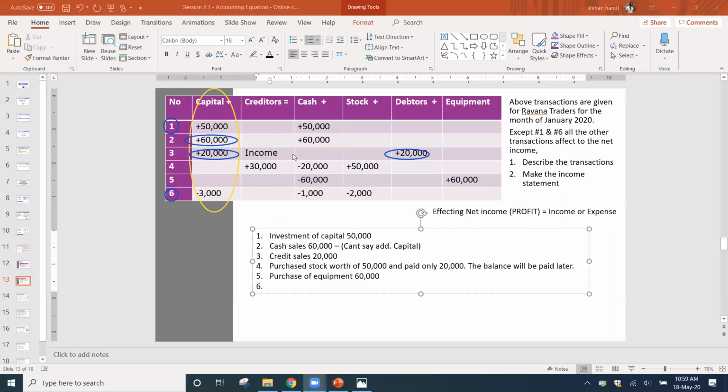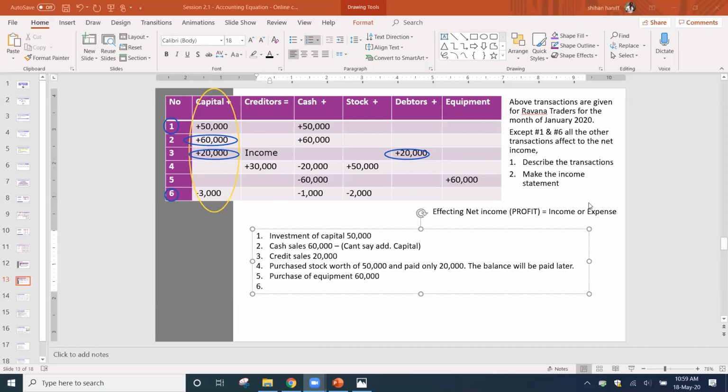They have given the transaction without the cost. So this will record only the sales income, not the cost. I will explain this in the next presentation. Okay, I will explain the cash sales, credit sales, recording part after this.